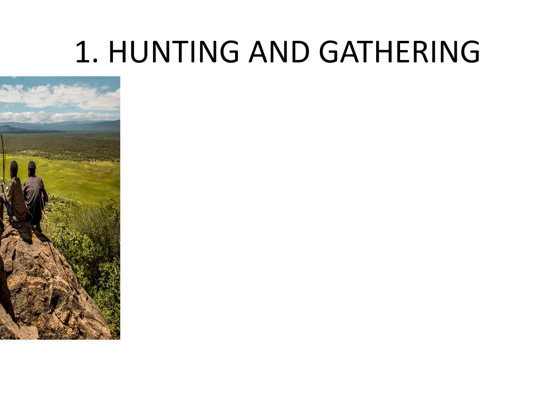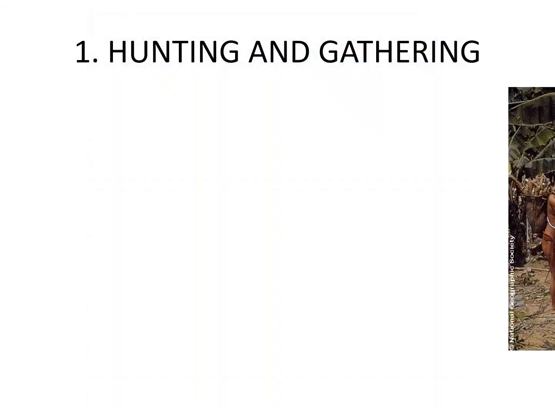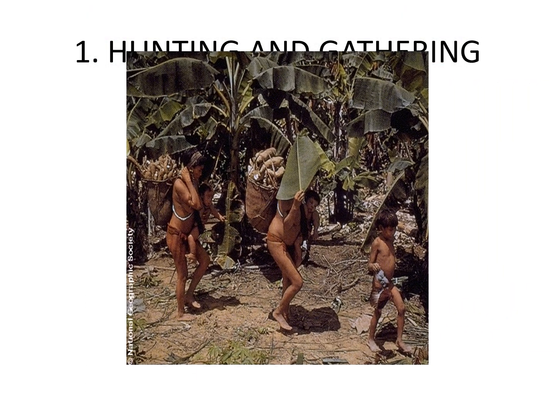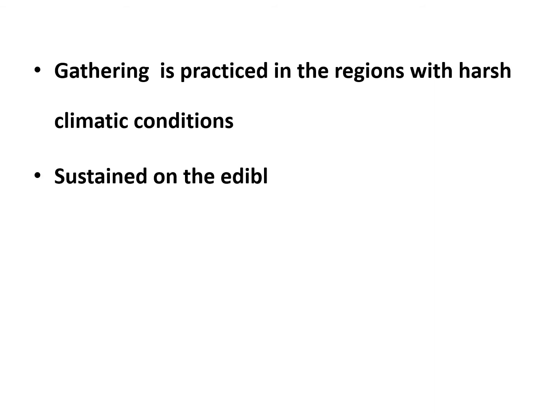The earliest known primary activities are hunting and gathering. Gathering is practiced in regions with harsh climatic conditions. Earliest humans depended on nature for survival. They sustained on the edible plants and the animals which were found in their vicinity.